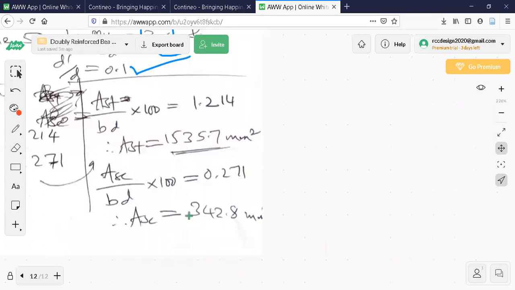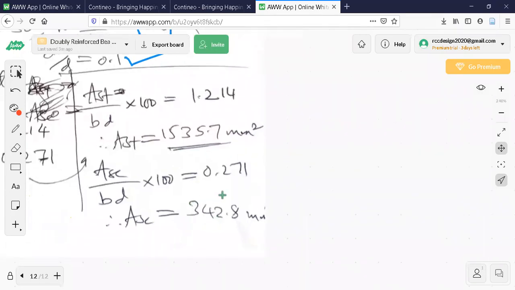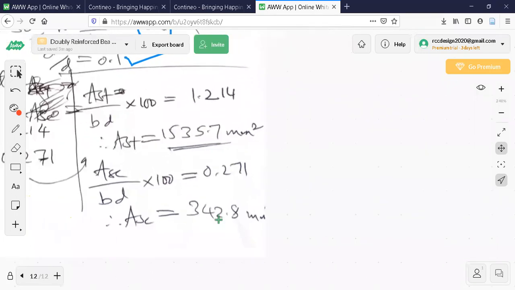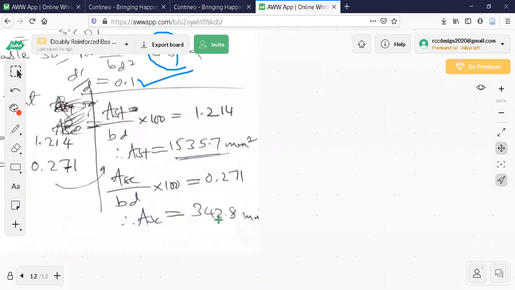Let us say I am going to use 16 mm bars, you can find out how many bars you have to provide in the tension and compression zone. Rest all steps are the same. All the remaining steps you have to follow as usual. These tables are helping you to find out the Ast and Asc values without spending much time.